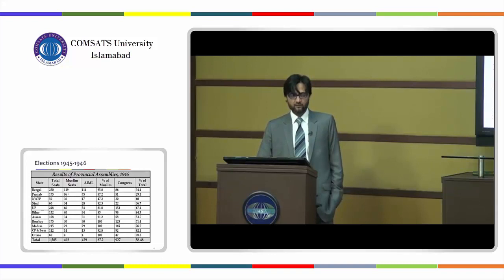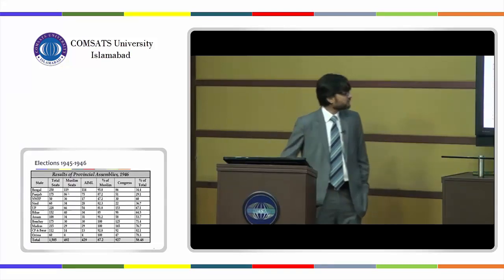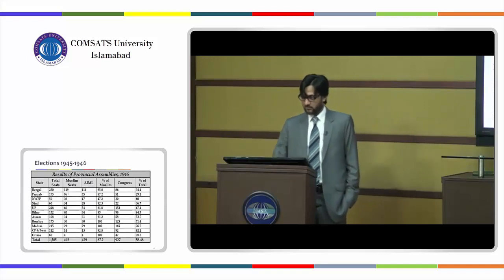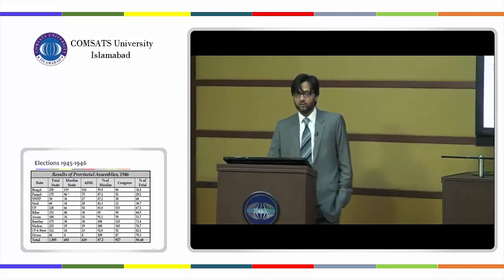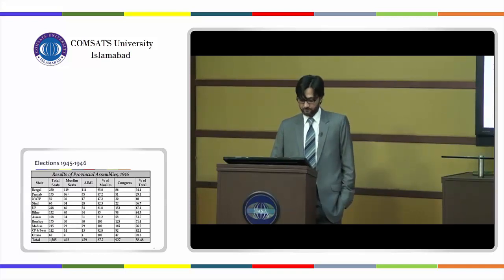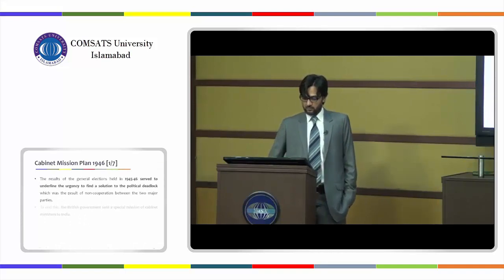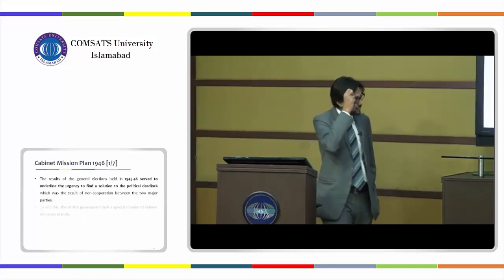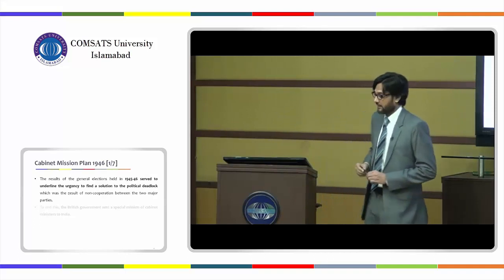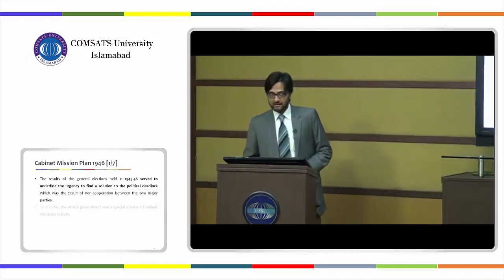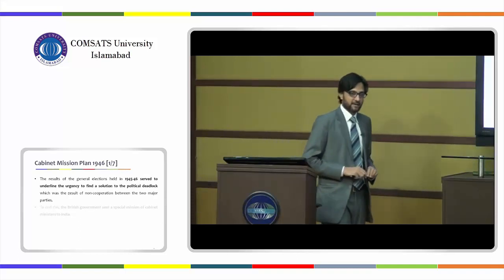You will get these slides and you can go through this comparison, and you can see how the Muslim League was gaining popularity among the Indian Muslims by 1945 and 1946.